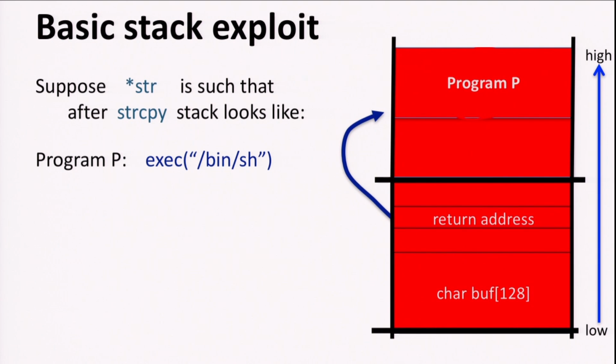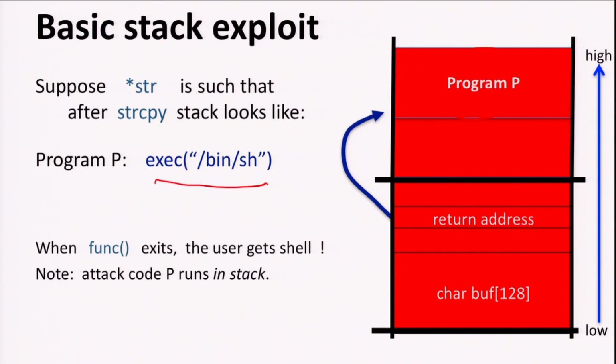What this program is doing is basically an exec of the shell. So this is a shell injection attack where a shell will be produced, and if the original program that has been attacked runs at root privilege, then you will get a shell with root privilege.